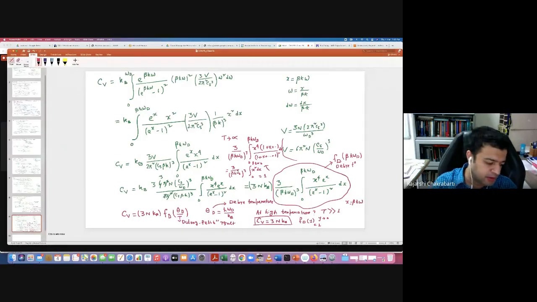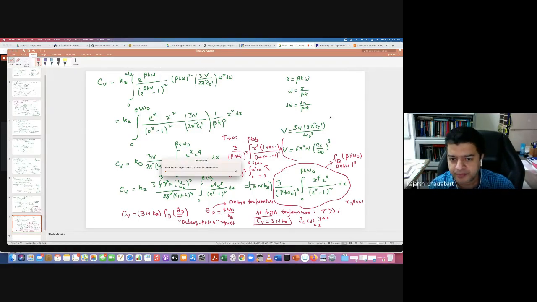We'll start from here. We're almost done with heat capacity. So please read this from the book by Reif, Fundamentals of Statistical and Thermal Physics.